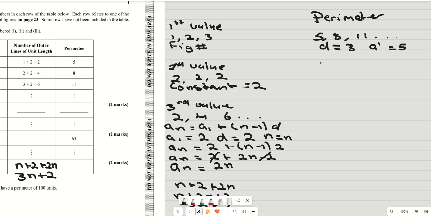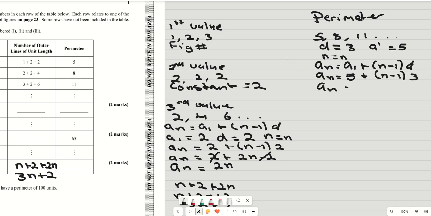You put it in the formula, AN is equal to A1 plus, open bracket, N minus 1 by D. We're solving for your nth value, so N is equal to N as well. Wherever you see N, you leave it as N. So AN is equal to 5 plus, open bracket, N minus 1 by 3. Using the law of distribution, 3 by N is 3N, and 3 by minus 1 is minus 3.